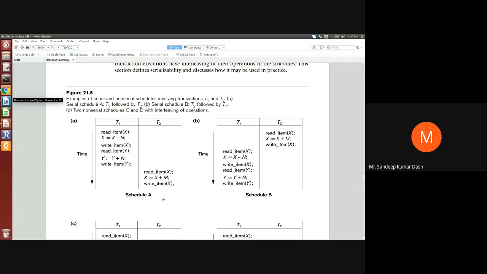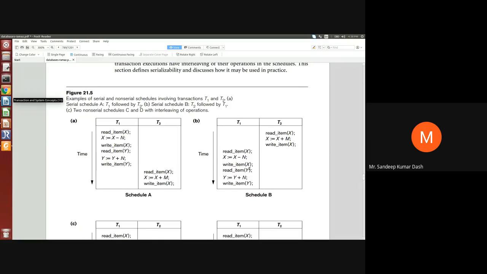So the database is still in a consistent state. This is just an example. The total value being the same doesn't by itself mean the database is consistent or inconsistent. I am just assuming that the total amount of money in the system should be the same. Based on that, the database is in a proper state. So if you perform T1 T2 or T2 T1, both results are the same, which means the serial schedules are fine. They are giving me a correct result.